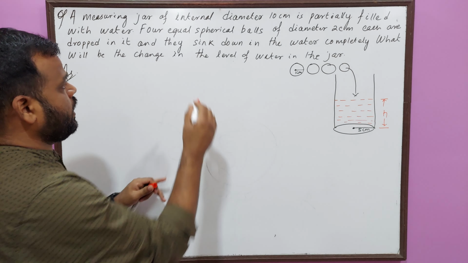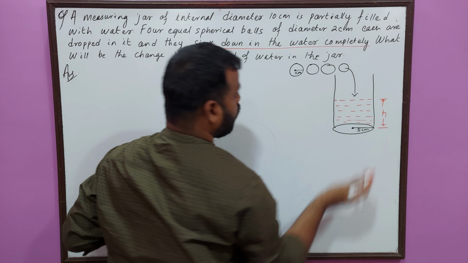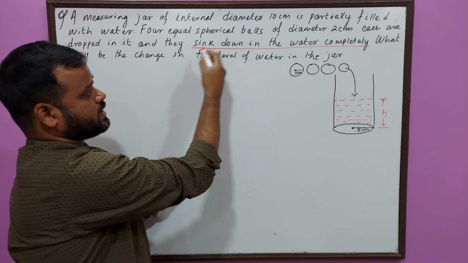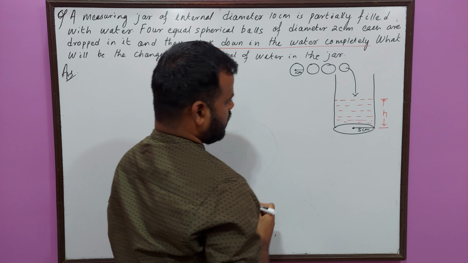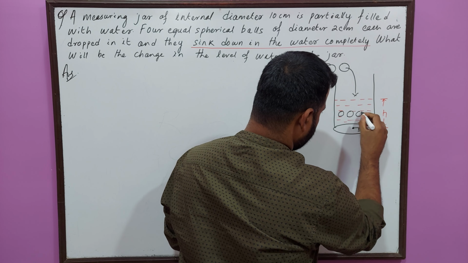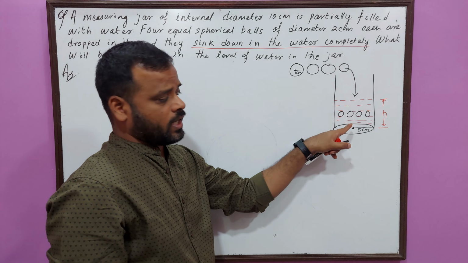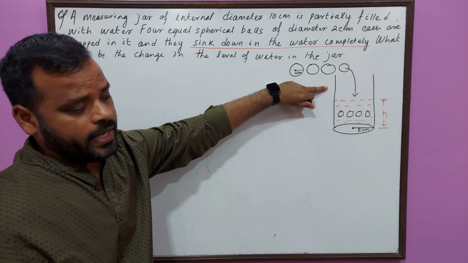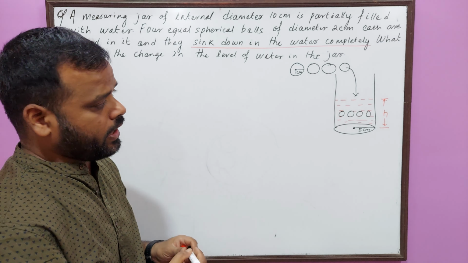So this is a hint that the volume of the water will rise. They sink down in the water completely means these balls now are here. If they sink down in the water completely, then definitely the level of the water will rise. The volume of the total jar will increase.